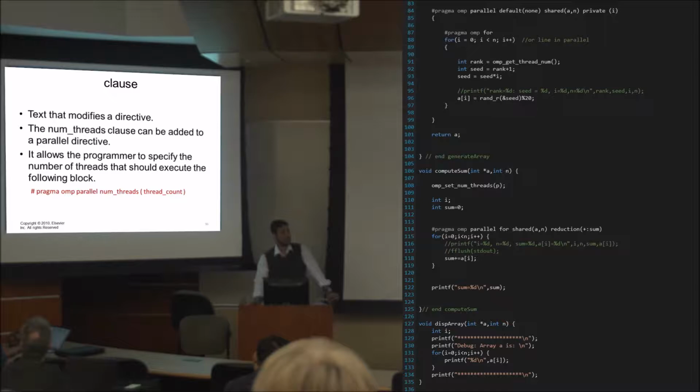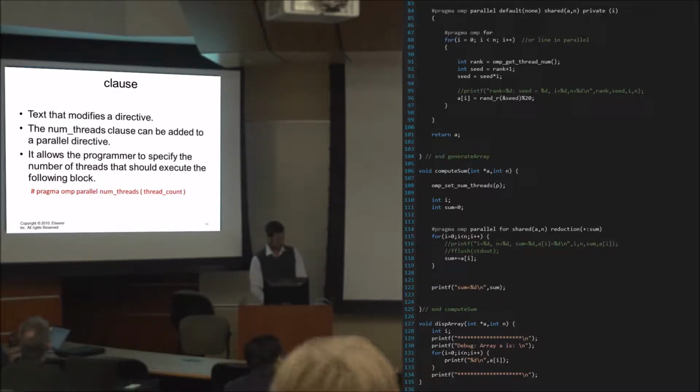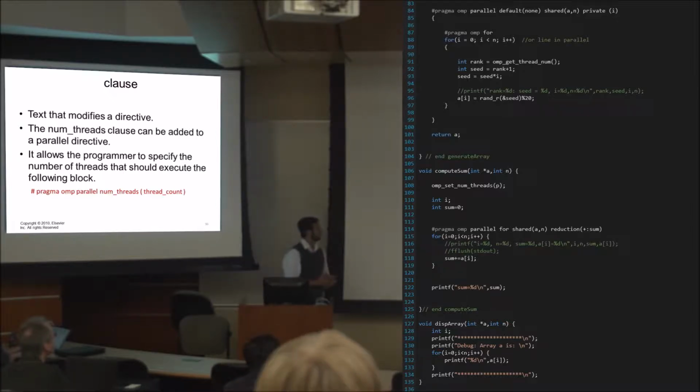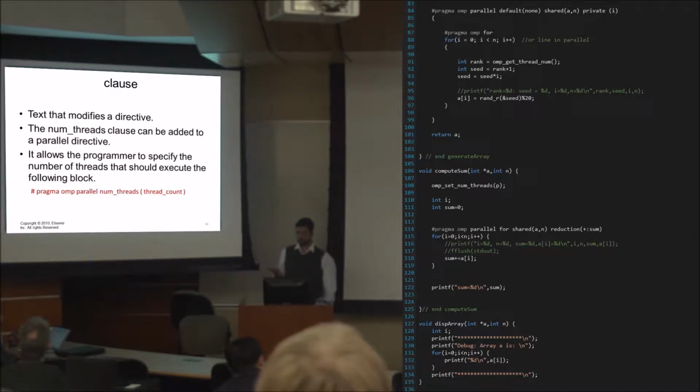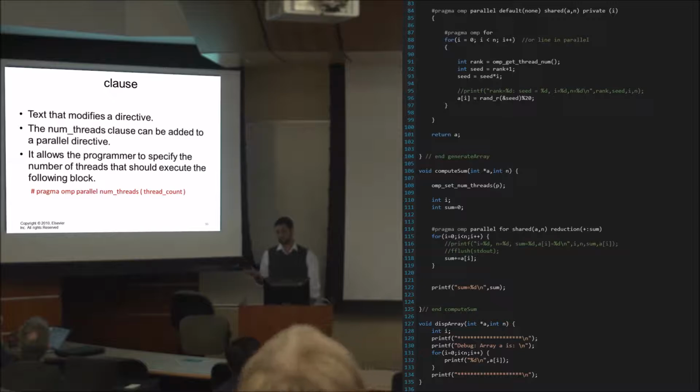So if I want to highlight a for loop and say this is a region that I want to parallelize, I'll put pragma omp parallel with the number of threads that I want before it. That means that for loop will now execute with as many threads as you specified here. Where's the thread count coming from? It is typically coming from the user, or you can default it to whatever you want in the code.